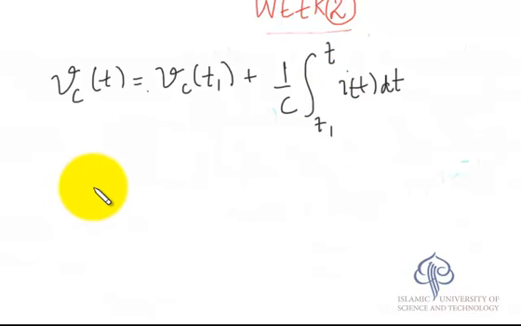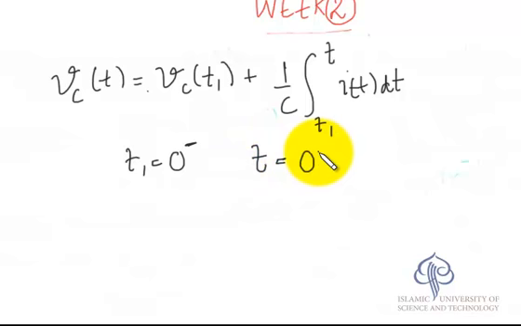Now suppose t1 is equal to 0 minus, and the instant in which we are interested to find the voltage of the capacitor is the instant 0 plus.